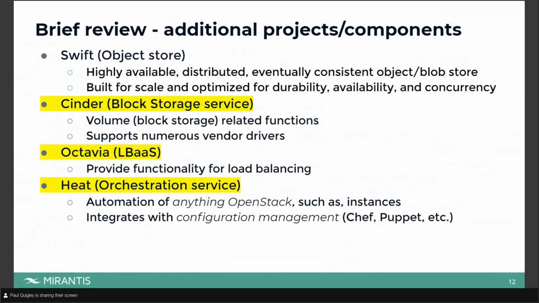If you're wondering, yes, Heat also integrates with the config management tools, your Chef, your Puppet, your Ansible, your Salt, etc. Okay, so you need both. And Heat allows you to do that. So Heat can deploy your instances, and then you can invoke Ansible to go ahead and configure them, or Chef or Puppet.